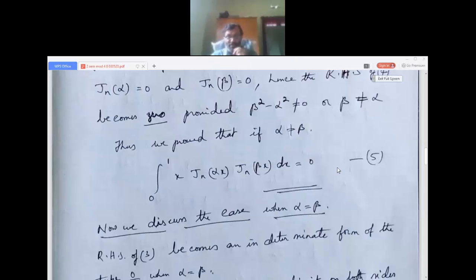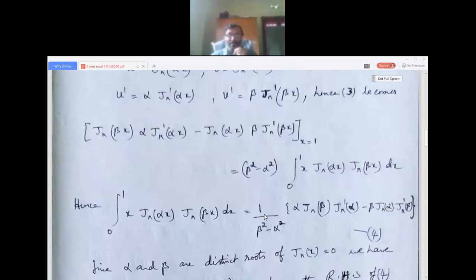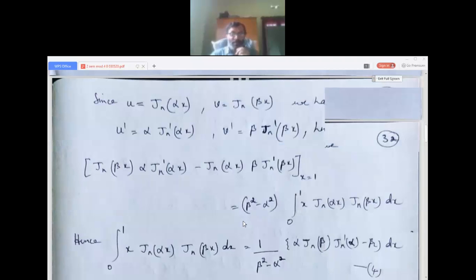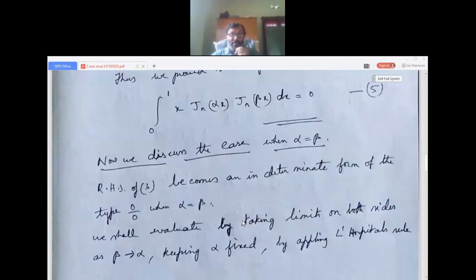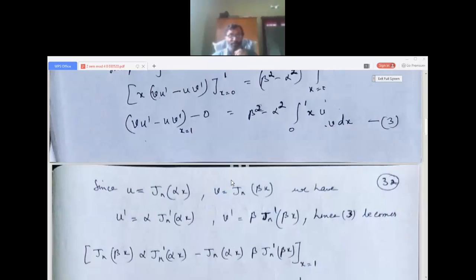See the question and answer. But if in the exam they give alpha equals beta instead of alpha not equal to beta, consider the RHS of 3. If alpha equals beta, the RHS of 3 will be 0, because beta squared minus alpha squared will be 0.